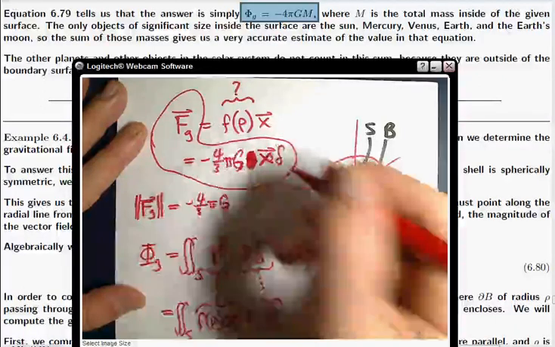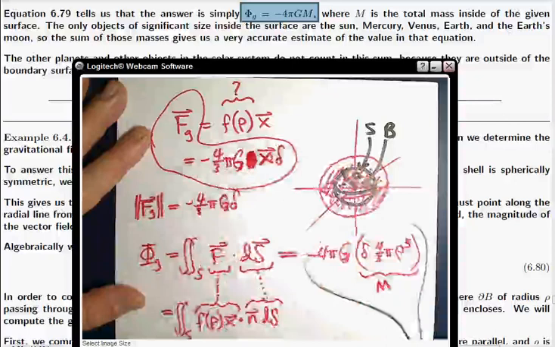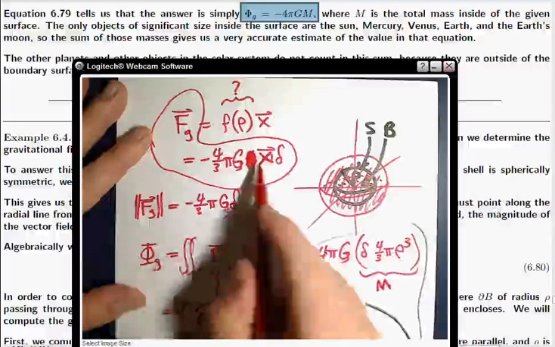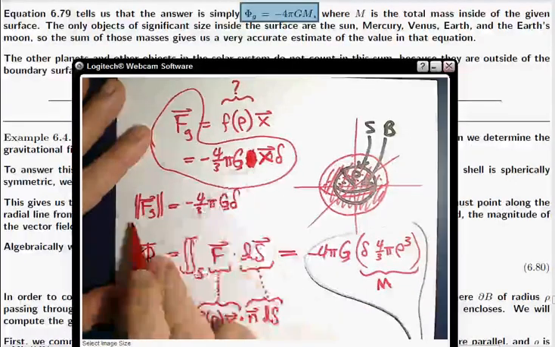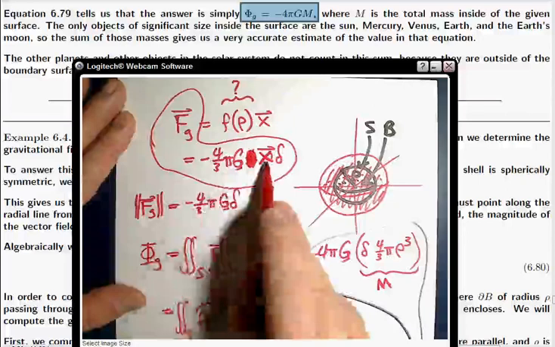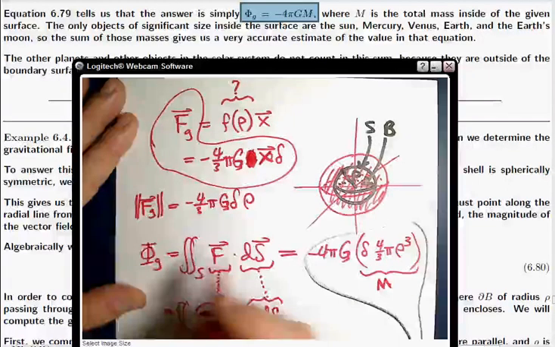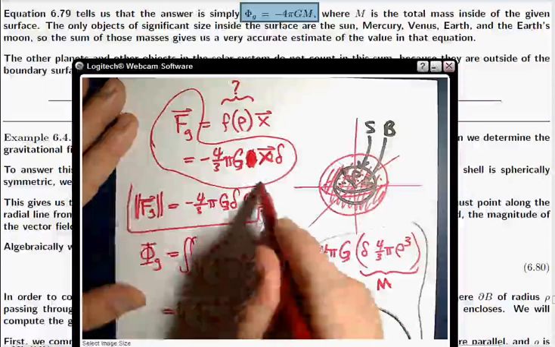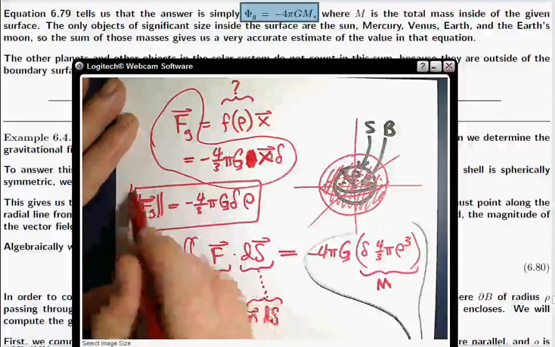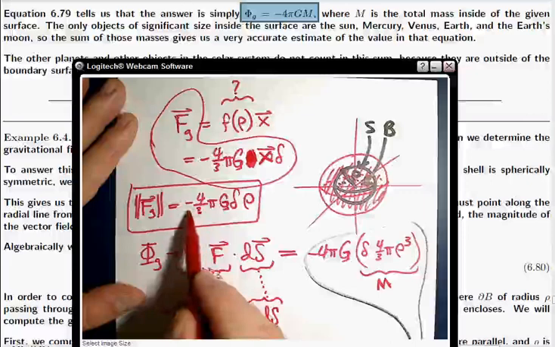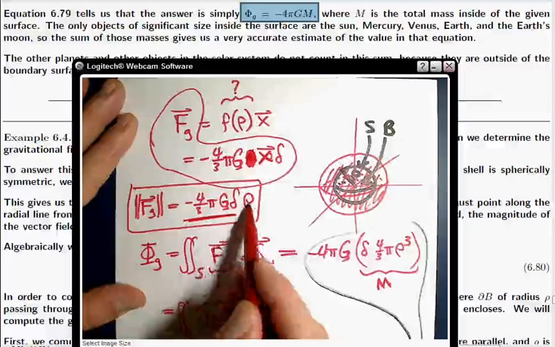That's a delta. There we go. Sorry about that. And then in computing the length of the gravitational field, the length of x is rho. So what this says, this is really interesting. It says that the length of the gravitational field is proportional to how far you are away from the origin. In other words, how far you are away from the center.